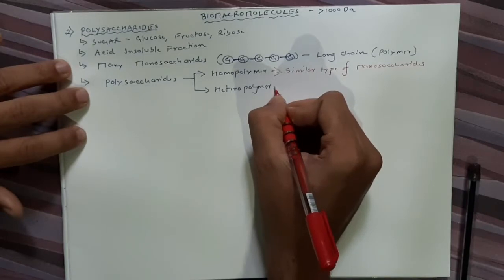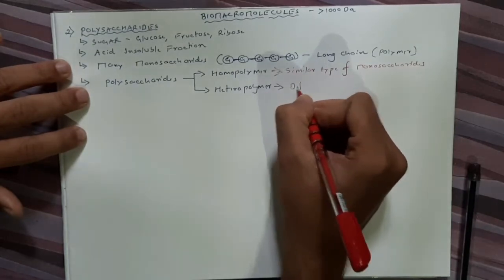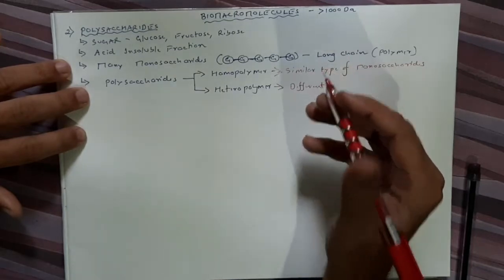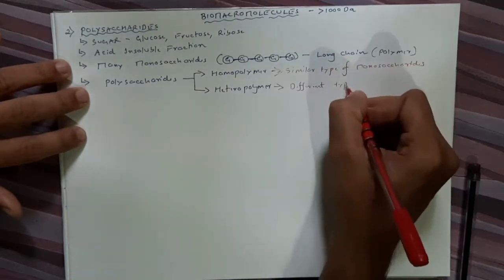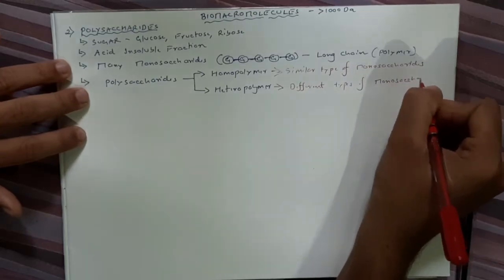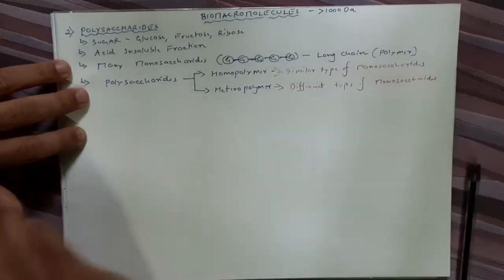And this one, the heteropolymer, what should I write here? It is a chain of polysaccharide containing different types of monosaccharides. That's it. So this is the simple thing to understand here.